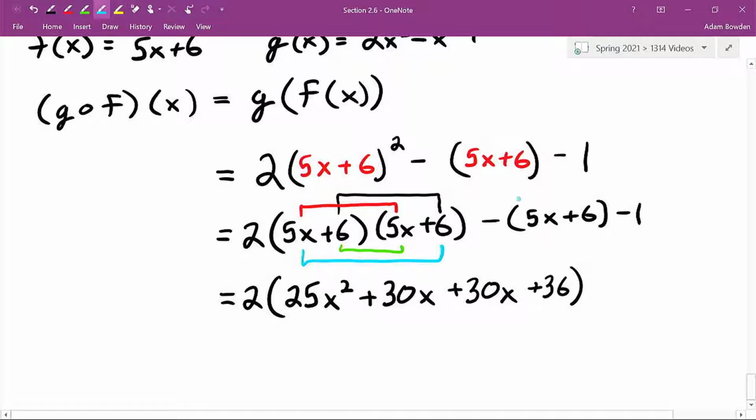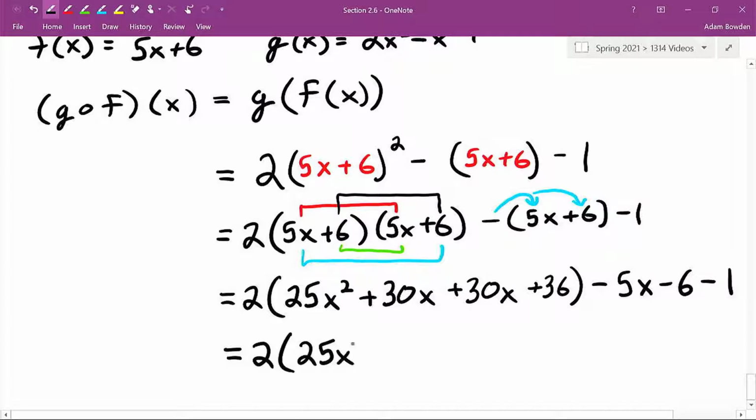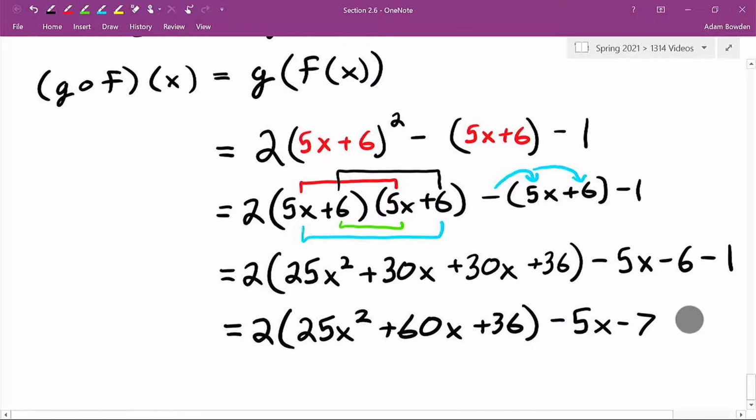At this point, I'm also going to take that negative, since that's in front of the other parenthesis, and go ahead and distribute that in. Negative 5x minus 6 minus 1 here at the end. I'm going to go ahead and combine some stuff together here and make it 2 times 25x squared plus 60x plus 36 minus 5x minus 7.